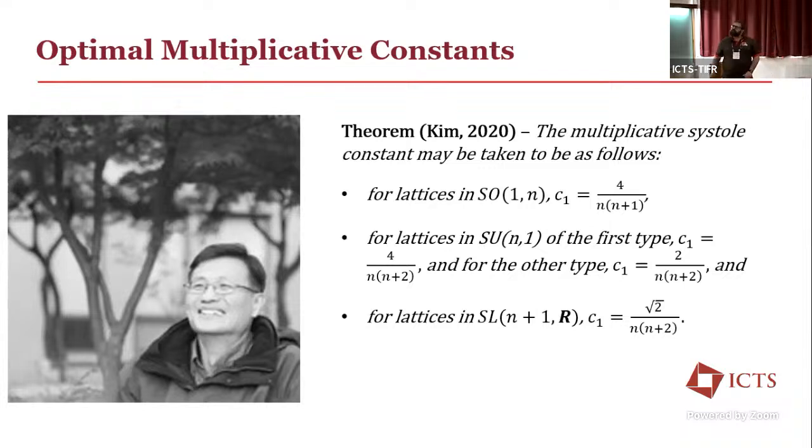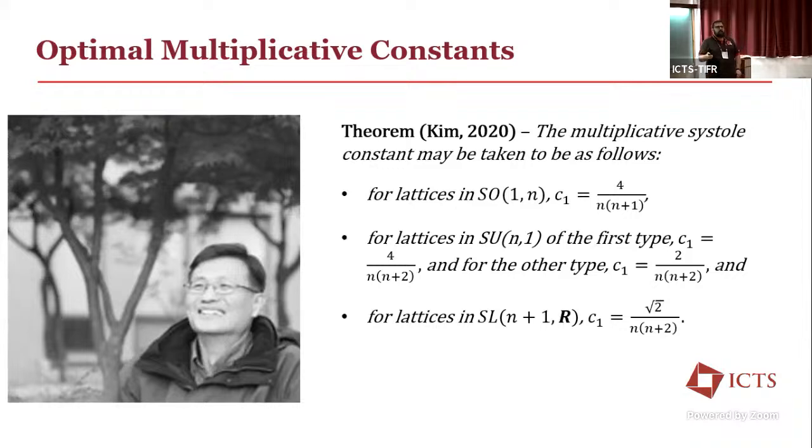I need to, in a tactful way, say there's something I don't quite understand about the paper. I suspect it's just a language thing. The introduction makes it sound like these are all optimal bounds. But in SL2R, so n equals 1, this gives you root 2 over 3.